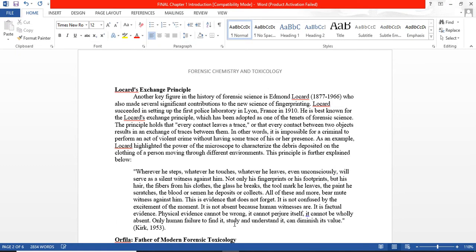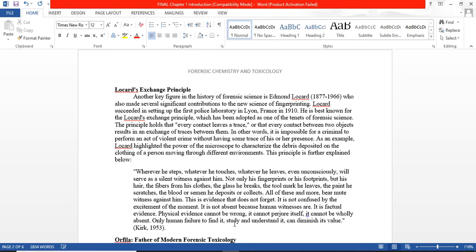Okay, whatever he leaves, pwede man ang mga fiber sa iya nga bayo. Since basi nasabit siya, therefore may same nga fibers ang iya nga bayo nga napabilin sa crime scene.